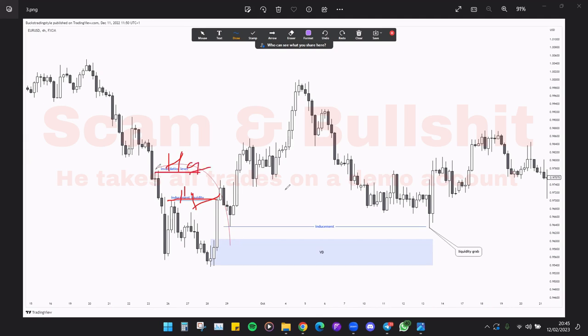Then price transferred money from this high down to this POI right here. And when you transfer money to that POI, then all of this gave us liquidity, so this becomes an inducement. Price then took out the inducement right here. Immediately after taking out the inducement, price reversed to the upside. You understand this?